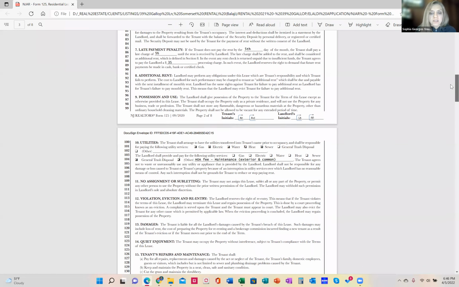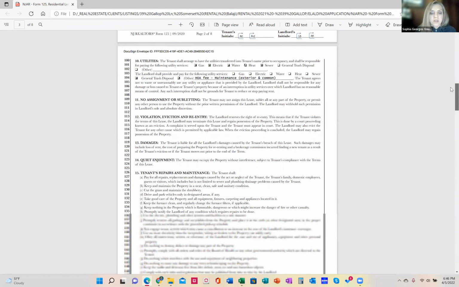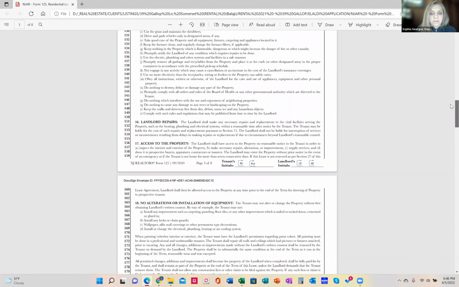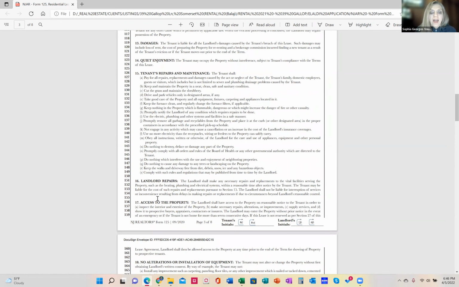Okay, utilities. This one had an HOA because it's a townhouse. This talks about access to the property and landlord repairs. It's always a common question: tenants ask, what am I responsible for, and what's the landlord responsible for? Basically, if you cause the problem as a tenant, you're responsible.